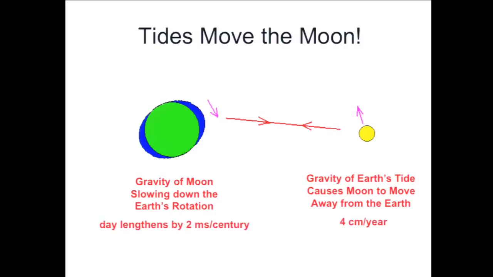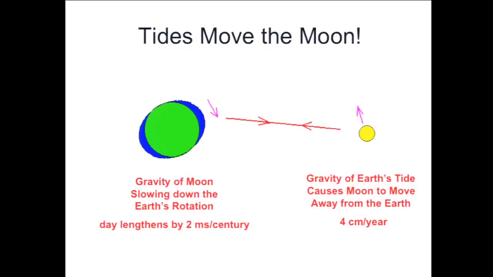It's pretty slow, so the day gets longer, right? You rotate more slowly, which means the day is longer. The day gets longer by about 2 milliseconds over a century, so it's not something you're going to notice. The moon moves away about 4 centimeters a year. Again, hard to notice.